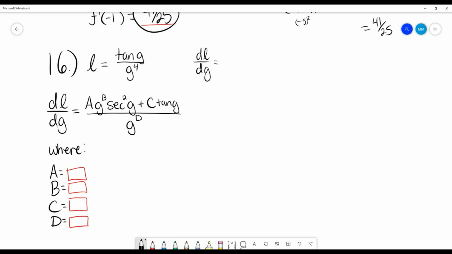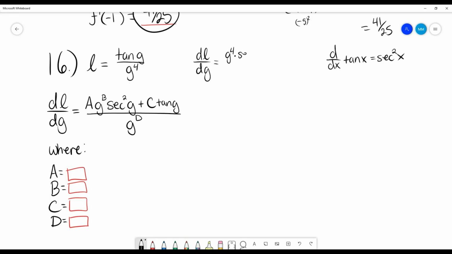So we'll take that bottom term, G to the 4th, times the derivative of our top term. And again, this is in our textbook, I believe in section 3.3. It might be in 3.2, but I think it's in 3.3. The derivative of tangent is just secant squared.